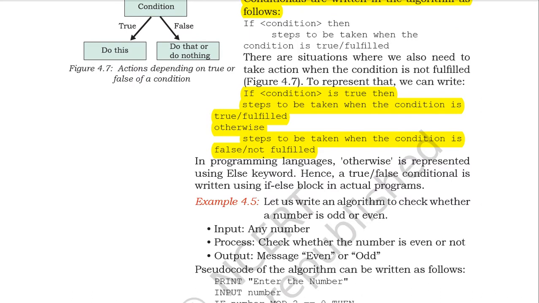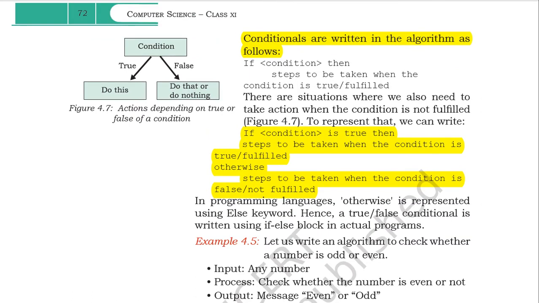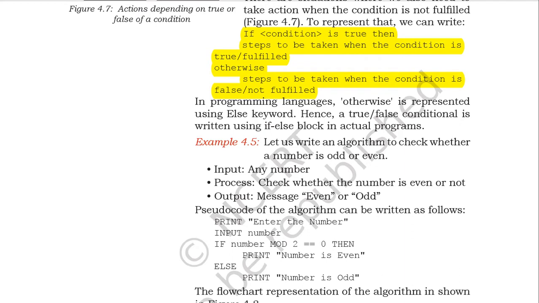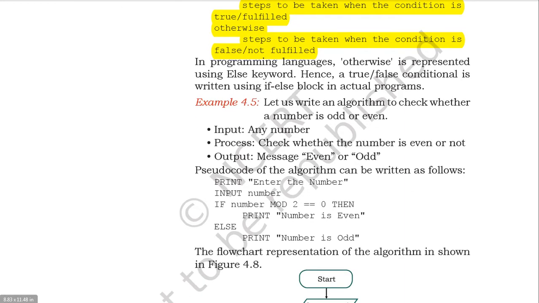What do you mean by condition? Either true or false. If true, then do this. If false, do that or do nothing. In programming languages, otherwise is represented using the else keyword. Hence, a true or false conditional is written using an if-else block.